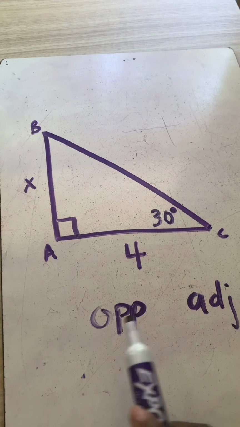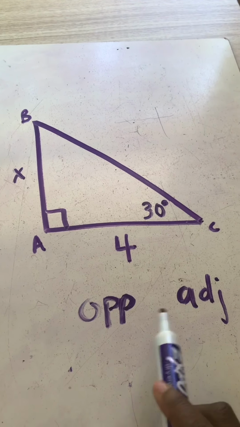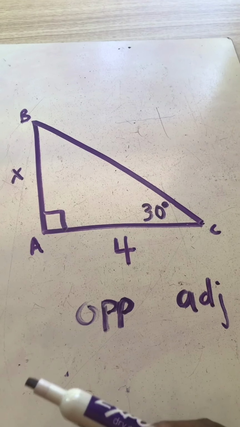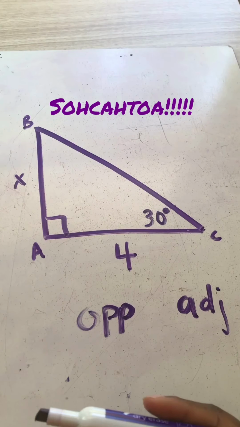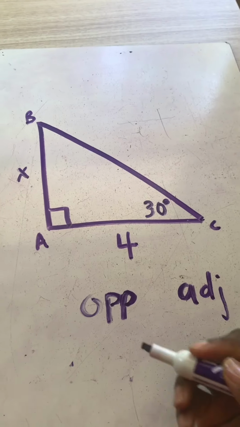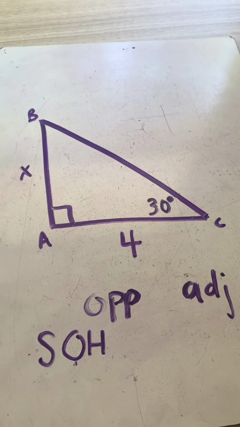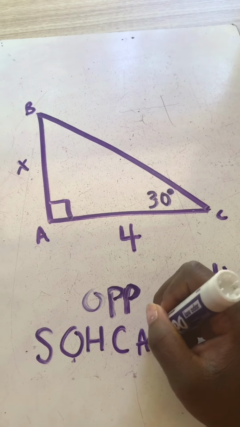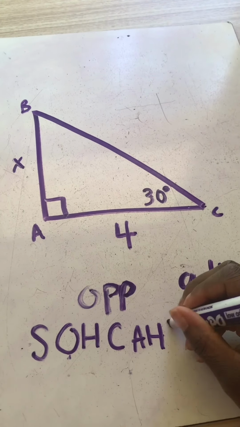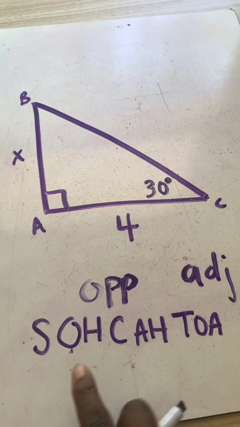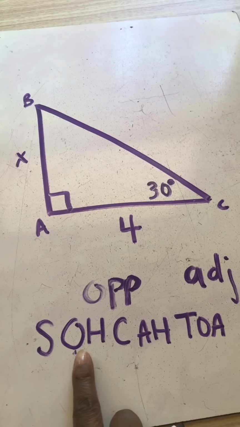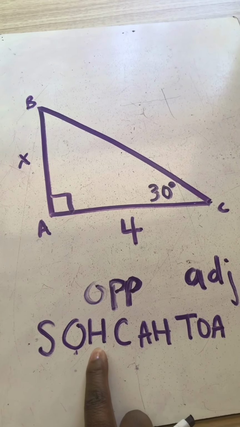So now, using both of these sides, which trig ratio can we use? Let's start with sine. We know SOHCAHTOA. Sine uses opposite over hypotenuse.